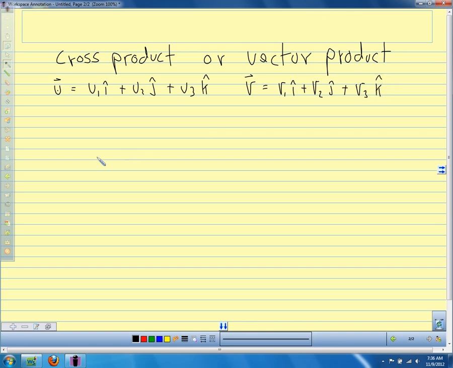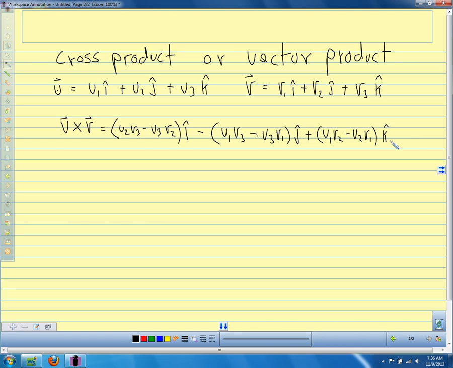Okay, we're going to define our cross product, u cross v, as, and we have a long expression here, u2 v3 minus u3 v2 i minus u1 v3 minus u3 v1 j plus u1 v2 minus u2 v1 k. Okay.